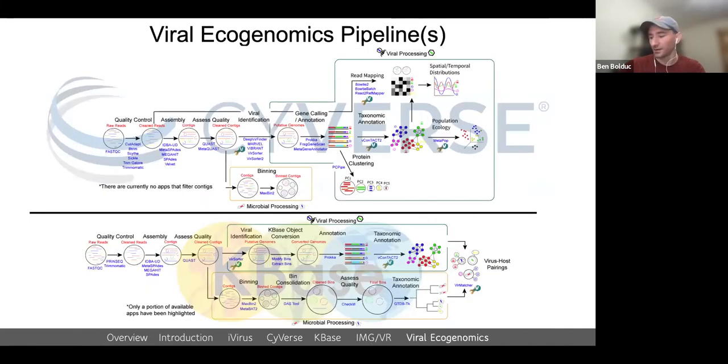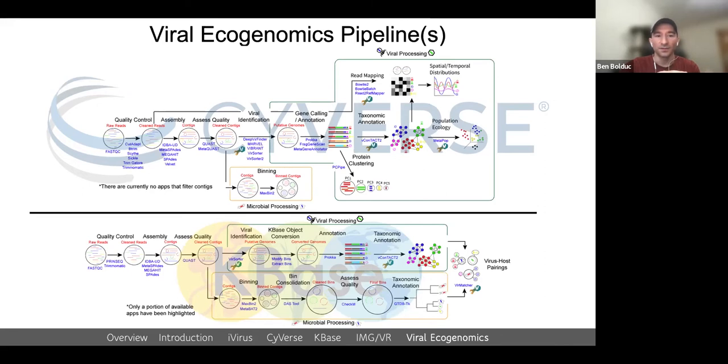Okay. So we're about 45 or so minutes in. These are the two pipelines that, just to help everyone reorient themselves, take a breather. We've gone over, very briefly, iVirus, KBase, and the resources available at IMG/VR, which are kind of the three different flavors, basically.